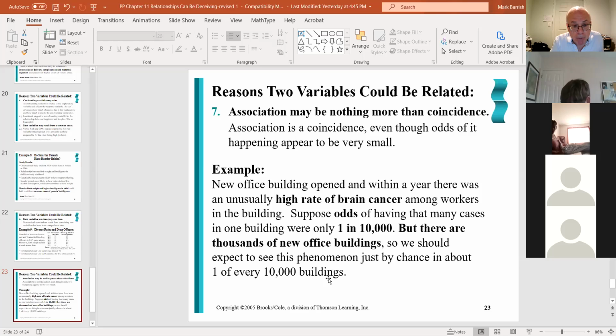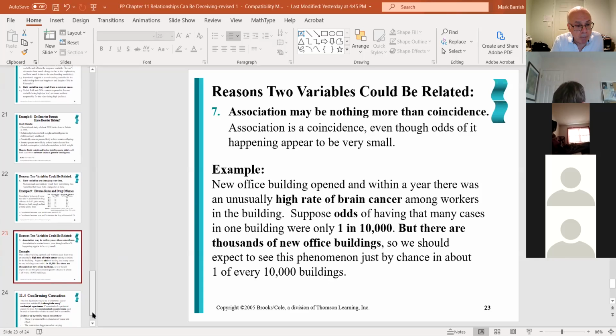So should we expect to see this phenomenon just by chance in about 1 of every 10,000 buildings? Yeah, it's possible that we could run into a new building that by coincidence just happens to have a high rate of brain cancer. It just could be a coincidence. That's the whole point of it.